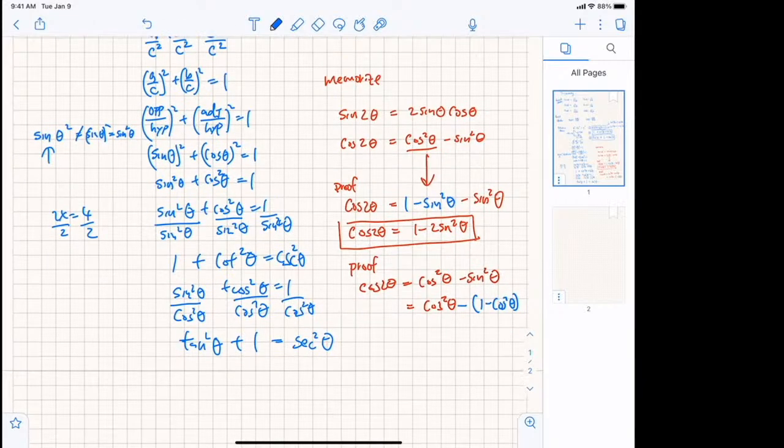That minus sign is going to distribute both times. And that becomes 2 cosine squared theta minus 1. I should have used red. Does that make sense? So that becomes the third one.